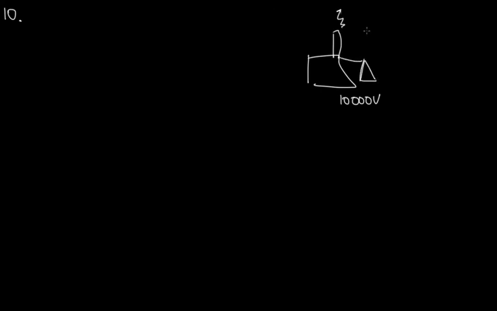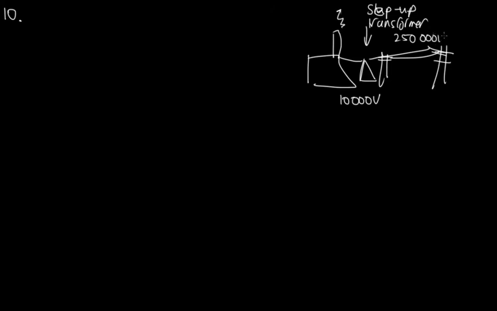So it'll go here to a step up transformer, and then it goes a long distance at 250,000 volts, and then it'll go down to a step down transformer where it comes out at 5,000 volts.